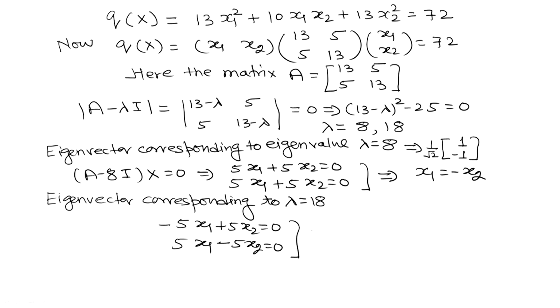So, from here I am getting x1 equals x2, and the corresponding unit eigenvector will become (1 by root 2, 1 by root 2).